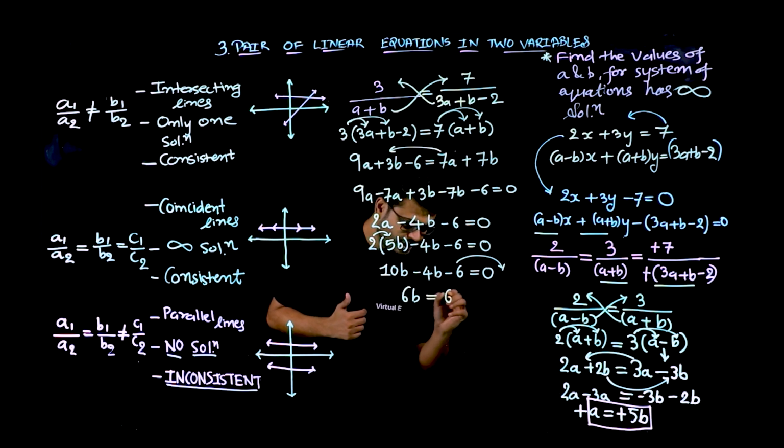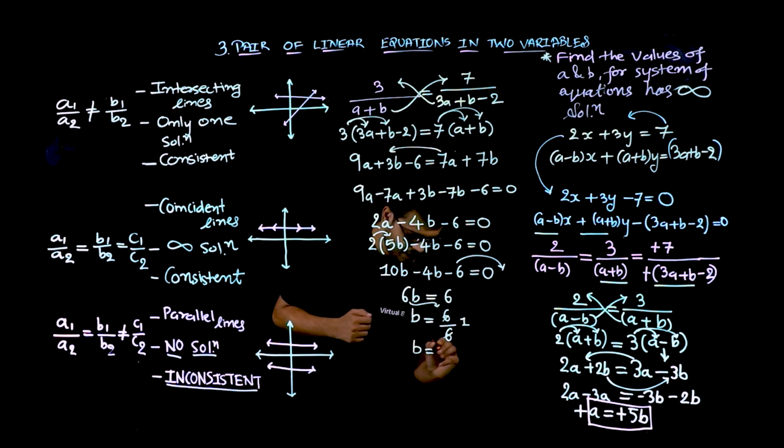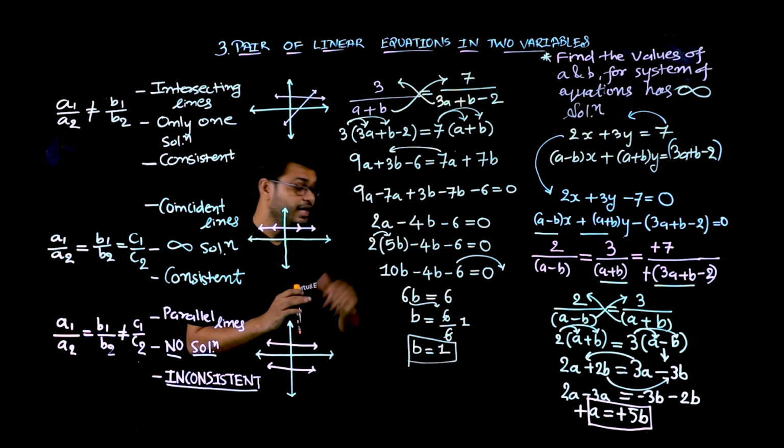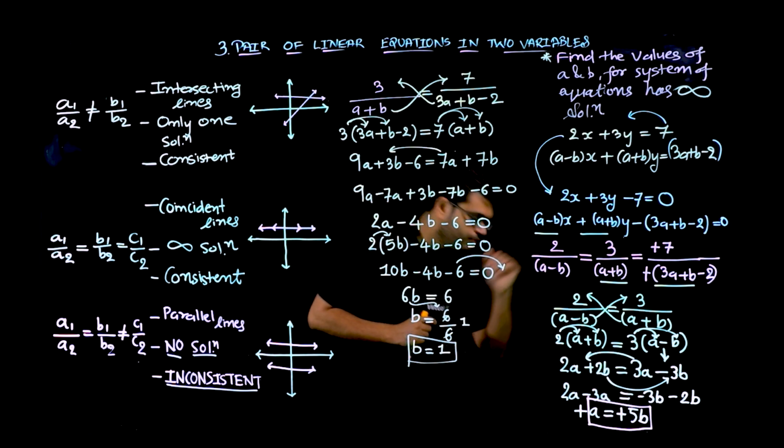So that will be 6, and if I get the value of b, 6 over 6, this 6 is going into the denominator, so if you cancel it, that will be 1. So my value of b is 1. Still my answer is not complete. I need to get the value of a over here.